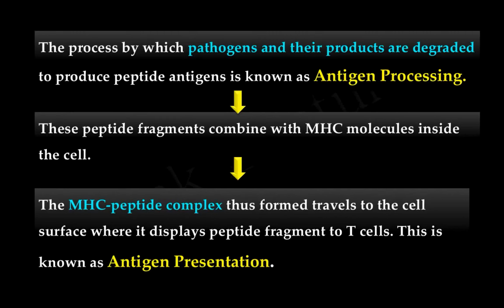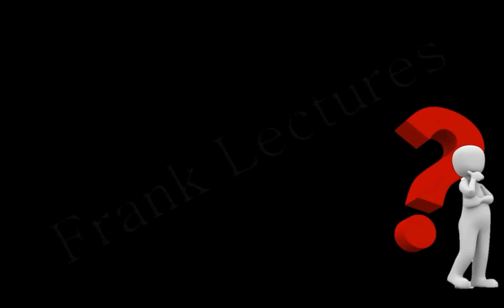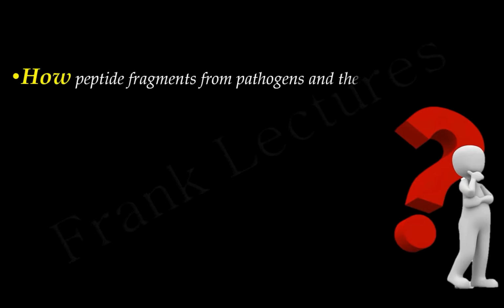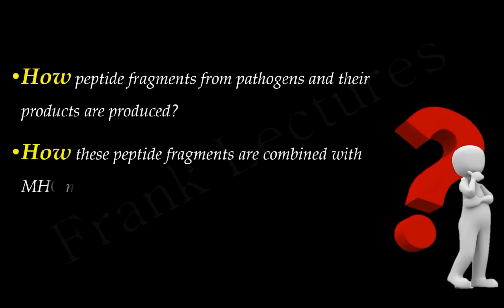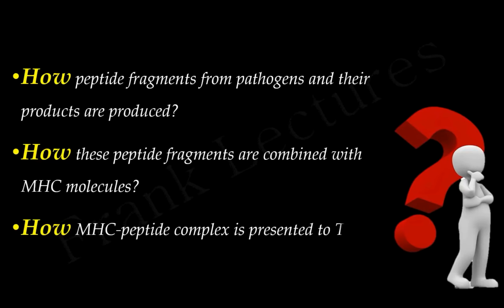This is known as antigen presentation. In this video lecture we will see how peptide fragments from pathogens and their products are produced, how these peptide fragments are combined with MHC molecules, and how the MHC peptide complex is presented to T cells.